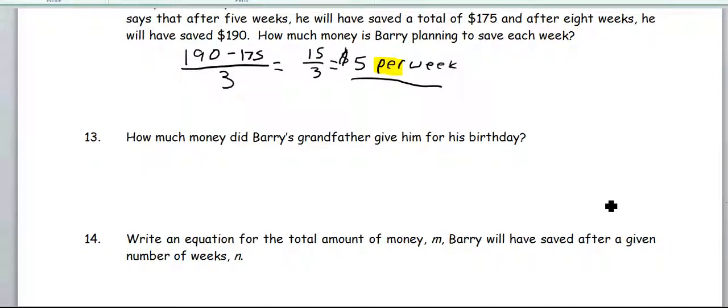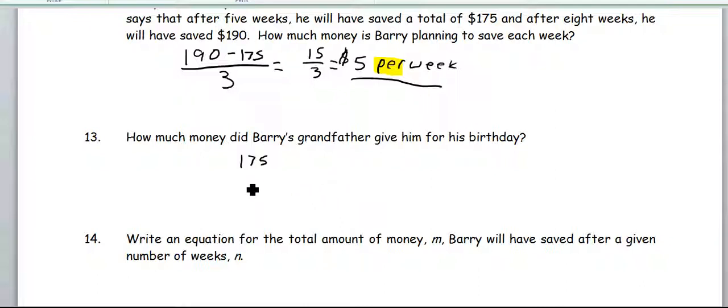All right, how much money did Barry's grandfather give him for his birthday? Oh my goodness. Well, how do we figure this out? Well, we know that after 5 weeks he had $175. So we need to figure out how much did Barry save in that time.